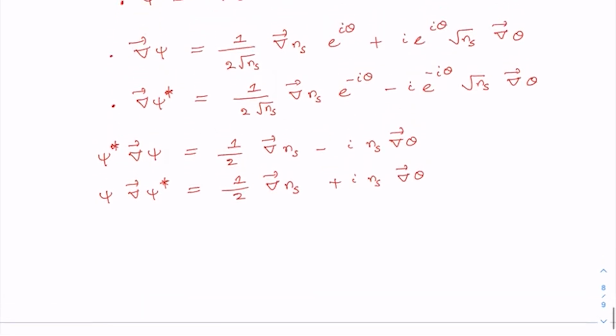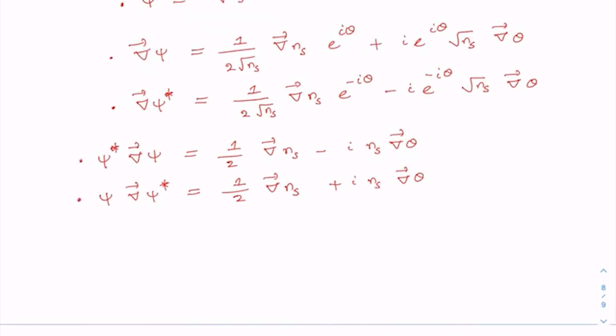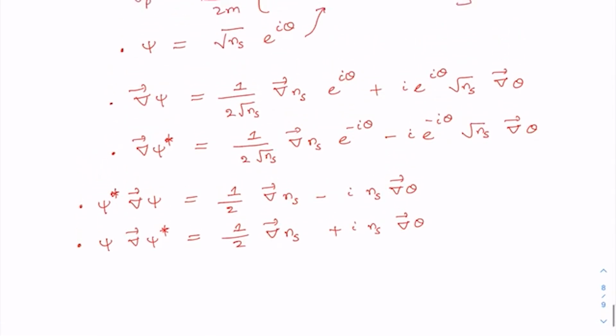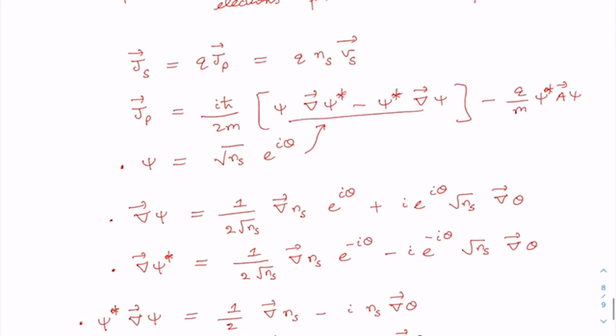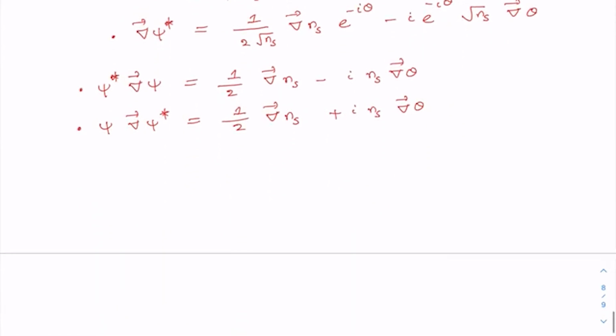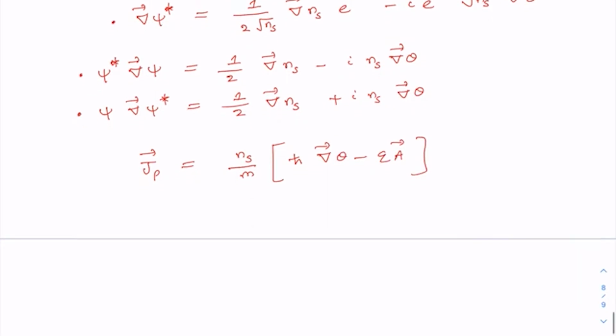So now you have these expressions, you just have to put them here, and if you do the manipulation, a very simple calculation will give you 0 equal to ns by m, h cross grad theta minus q into A. All right, so this is what you obtain.